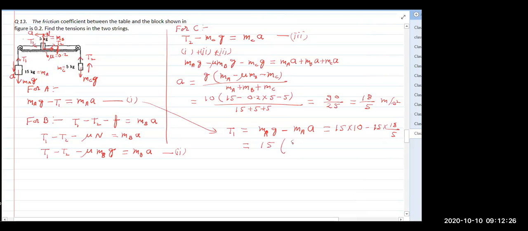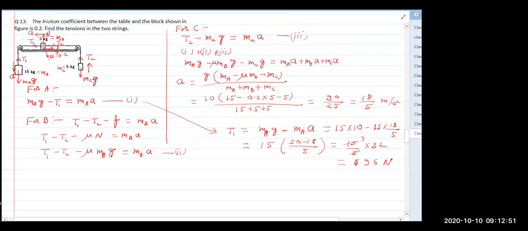So that is 150 minus 54, and we are getting 96 Newton. We are getting 96 Newton for T1.